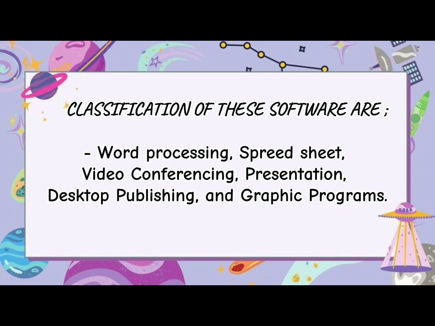Spreadsheet, the most common is MS Excel, or before MS Excel, we were using Lotus 1-2-3. And then video conferencing software or applications for mobile phones, you have Google Meet and Zoom. And then presentations, you have PowerPoint, desktop publishing, you have PageMaker, and lastly, graphic programs, you have the very popular Photoshop.